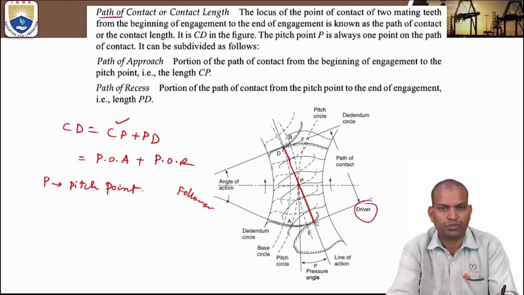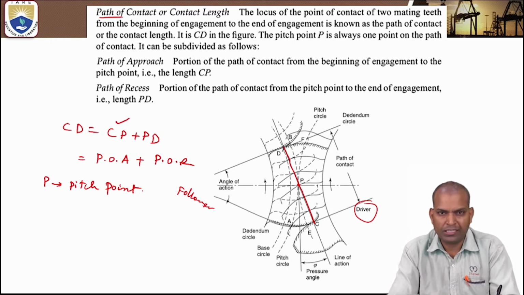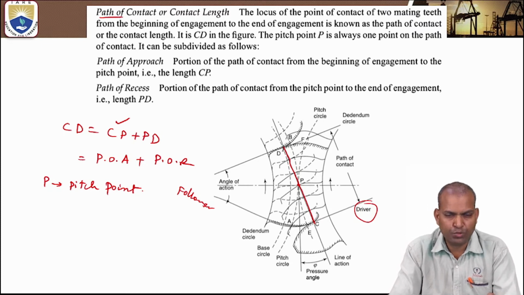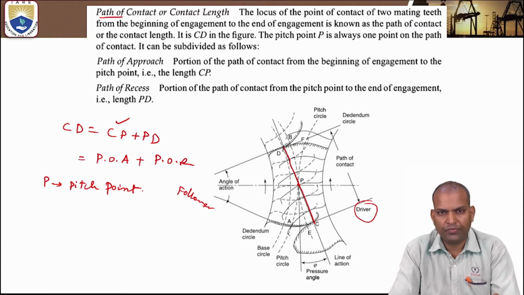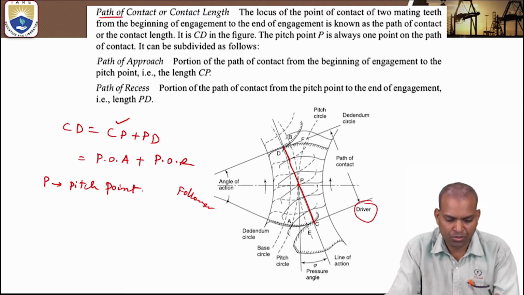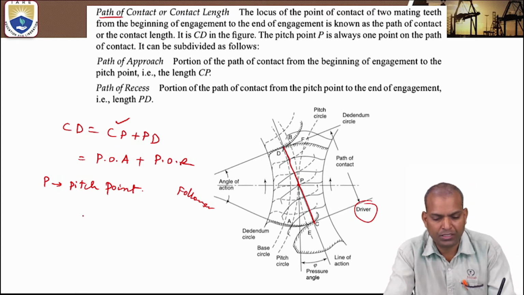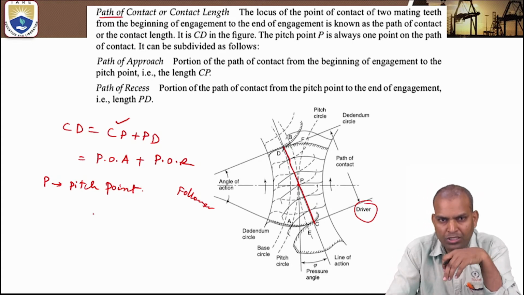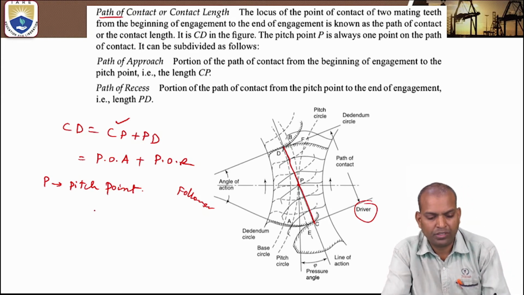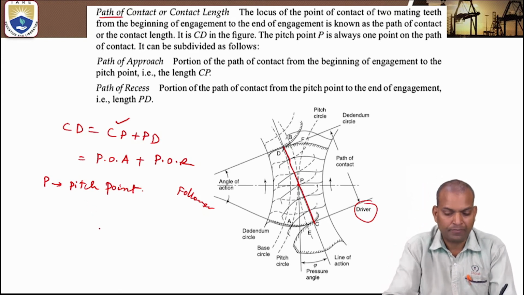The path of recess is the distance from the pitch point to the end of engagement or point of disengagement. The path of approach plus path of recess equals path of contact or contact length.